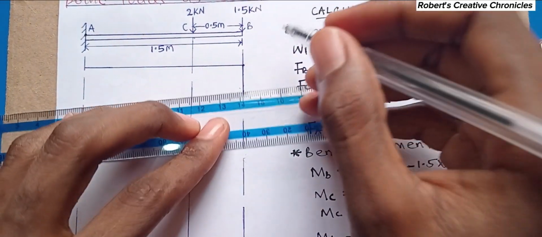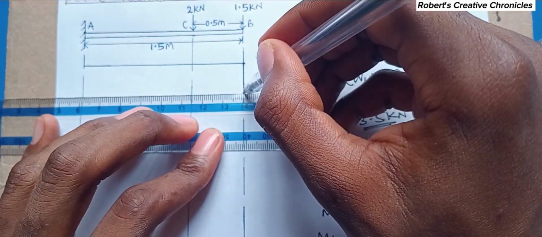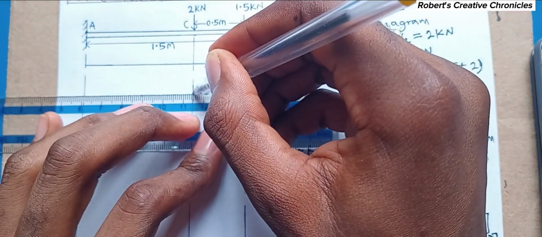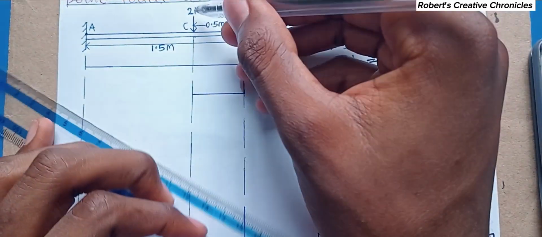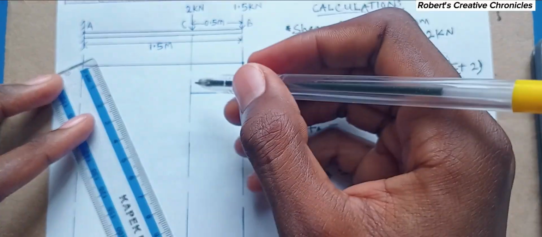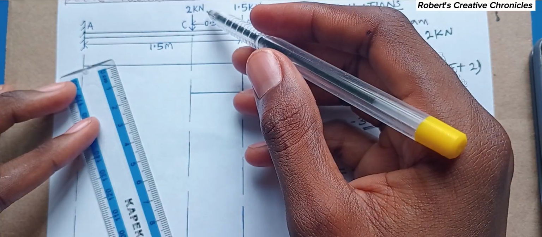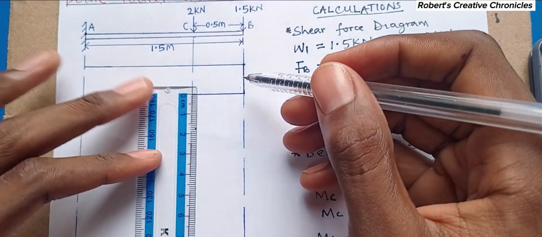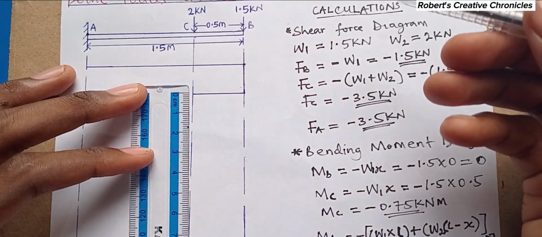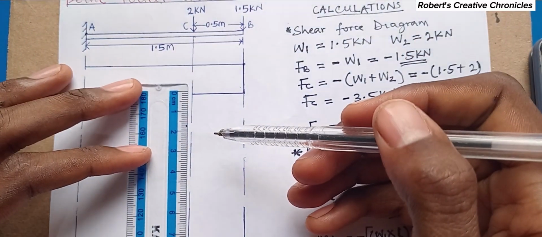Then, since it's a cantilever, there's no point load here. You move horizontally onto the next point. There's another point load. So here there's a point load 2. So you move down a distance to represent 2 kilonewton. Since 1.5 kilonewton is 1.5 centimeter, that means 2 kilonewton will also represent 2 centimeter.